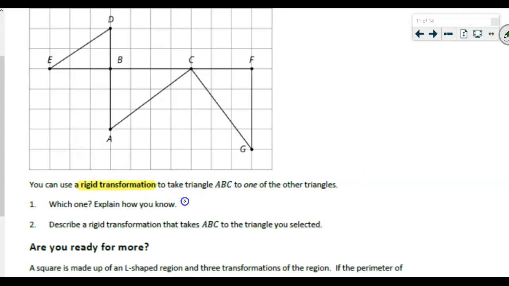I think it's easy to see that that would be triangle CFG, because triangle EBD is too small. If it's too small, that means it did not preserve the length the way that it was supposed to.